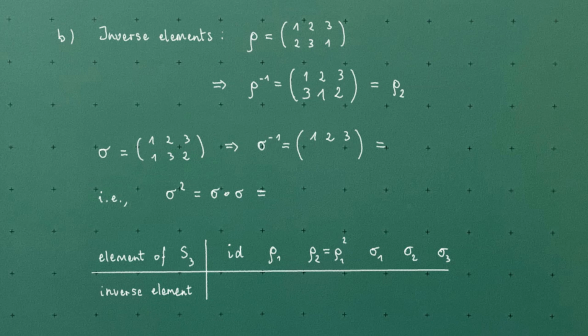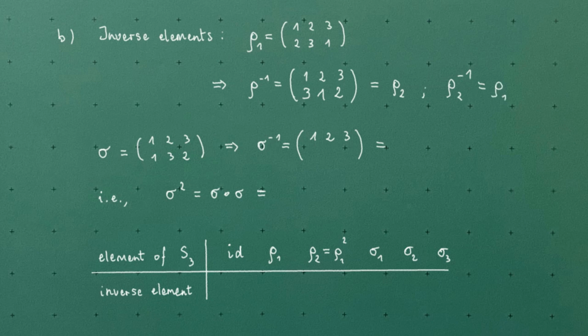And then, of course, the inverse of this here is nothing but rho itself, or rho sub 1. So rho 2 inverse is rho 1.